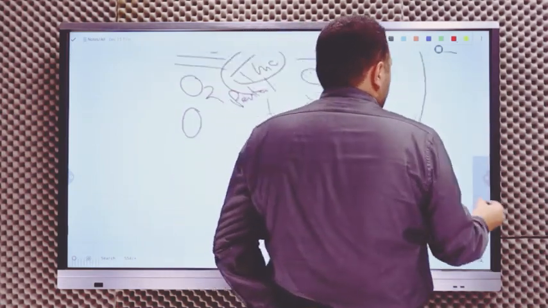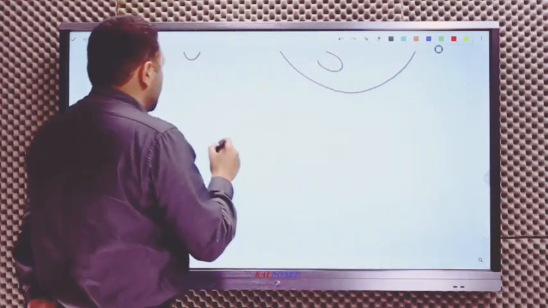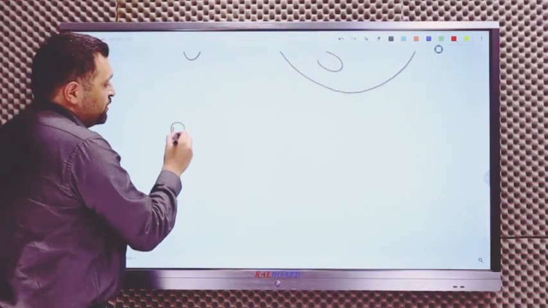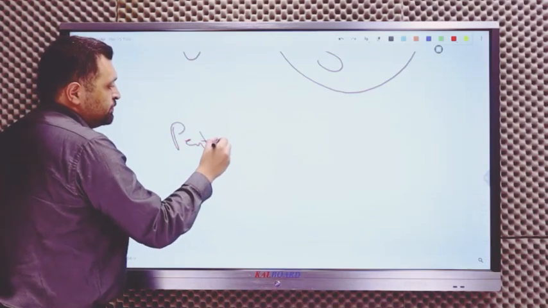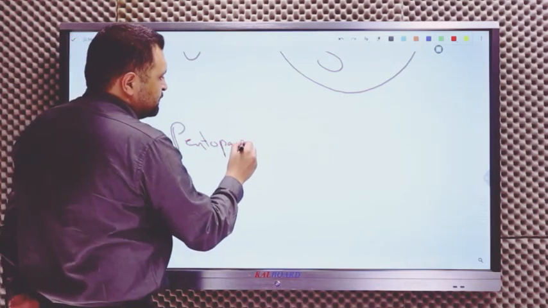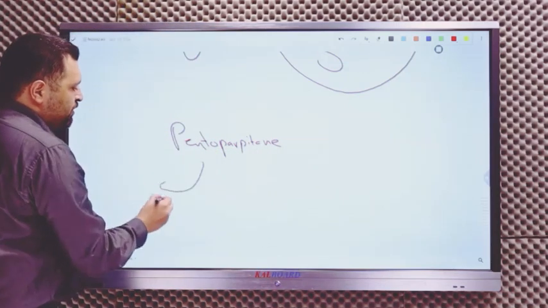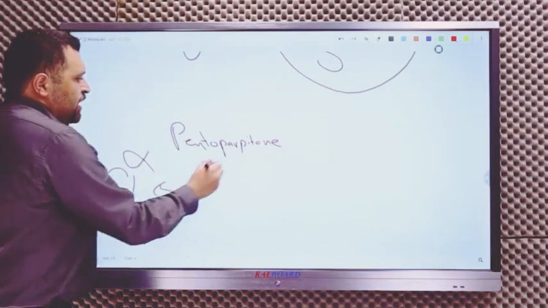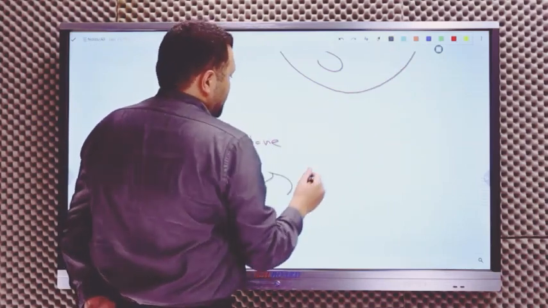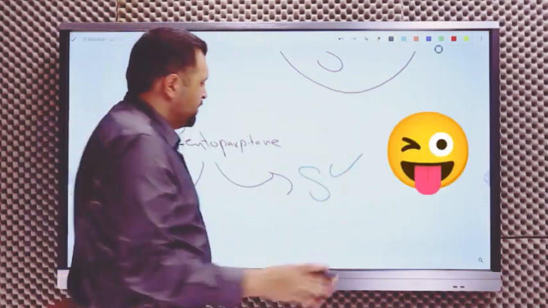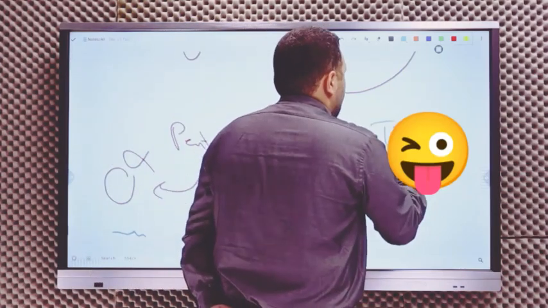Thiopental is basically made from an oxybarbiturate called pentobarbitone. In this pentobarbitone, we omit the oxygen and put a sulfur atom instead. Now we have thiopental.